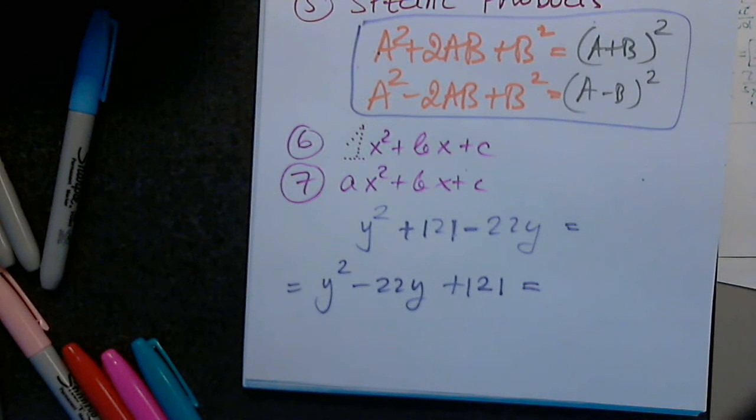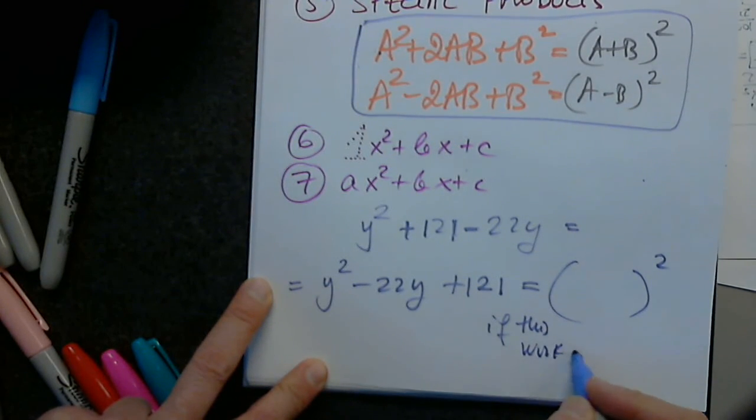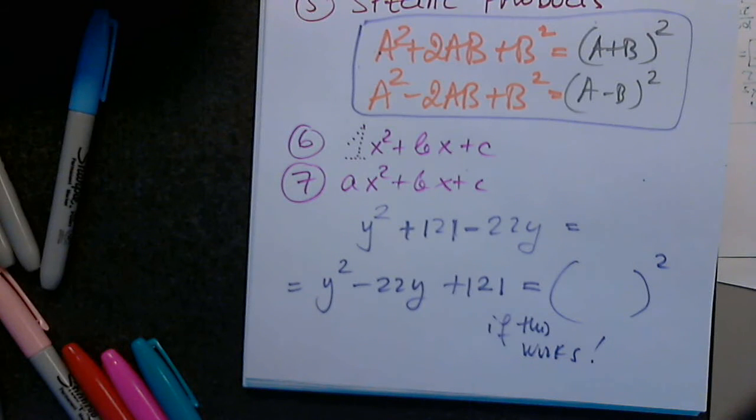It's the second one, because the middle coefficient is negative. There's nothing I can do with the first one. If the middle coefficient is negative, then I expect the middle coefficient to be negative in the binomial squared. If this works, I don't know yet. I'm hoping that this is the case. If it's not a special product, then I have to try this, or maybe this. Well, this, because it's a 1.